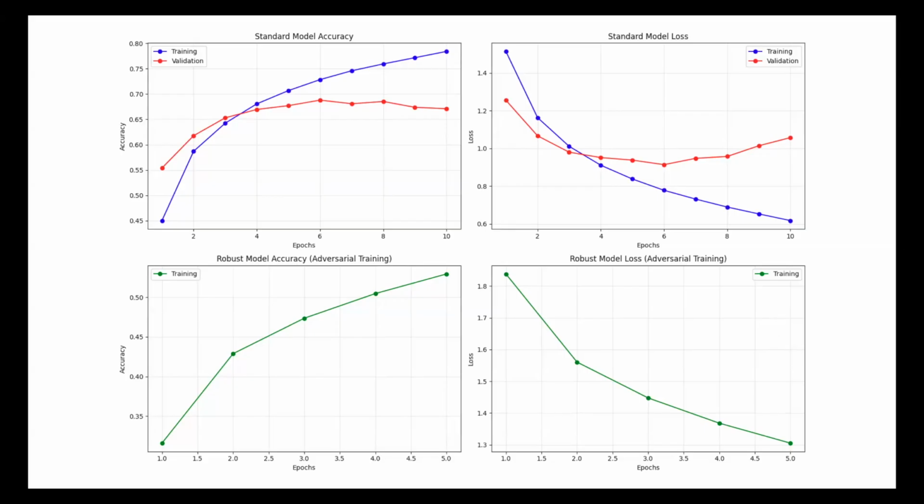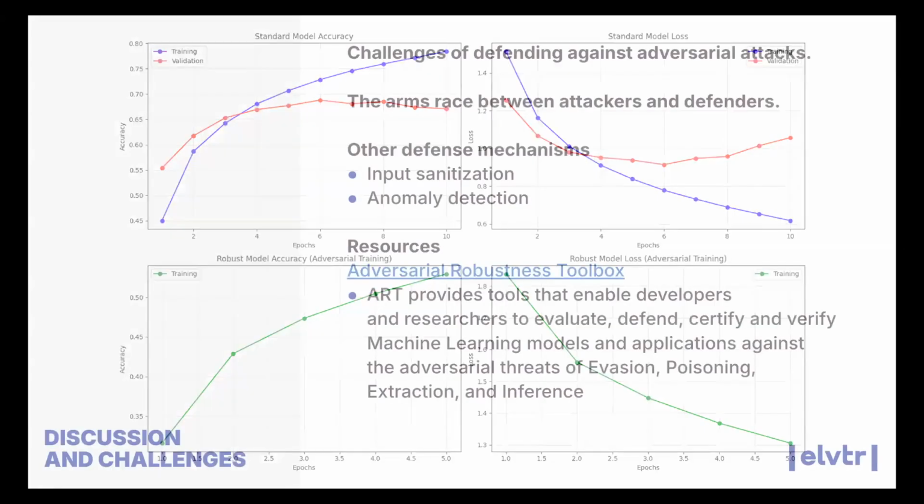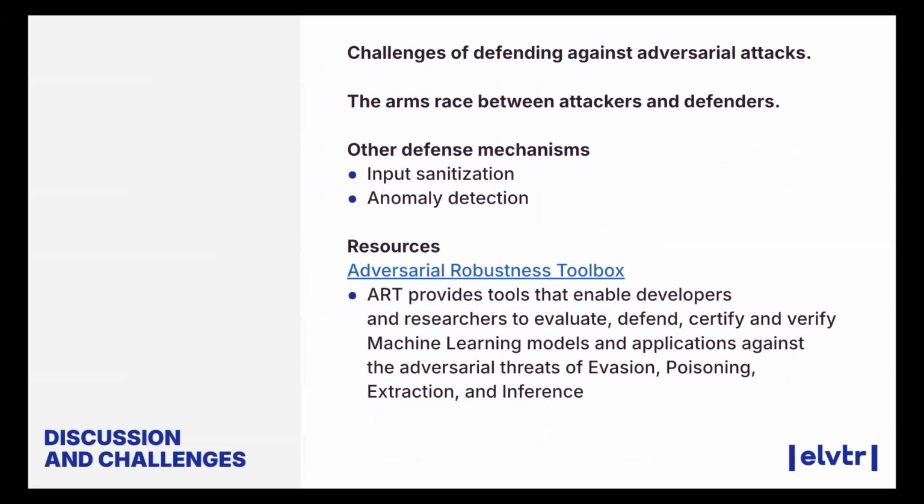Okay, so what are some of the challenges in defending against adversarial attacks? This is the broader implication of the arms race. We've talked about this: attackers develop new attacks, defenders create new defenses, attackers adapt.